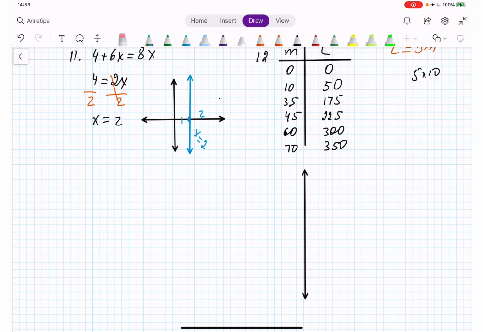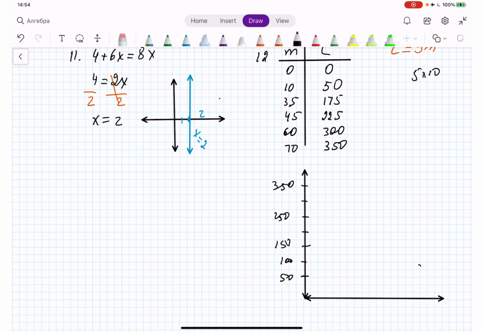So I'm going to go by 50. This is going to be 50, 100, 150, 200, 250, 300, and 350.